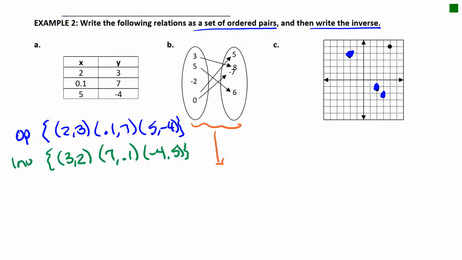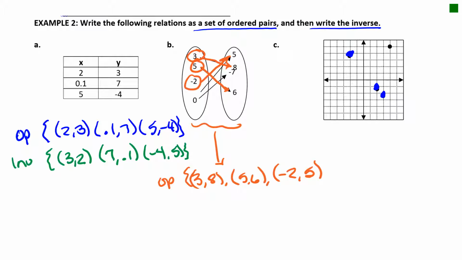Okay, this one I'm going to put down here. My ordered pairs, now watch how this goes. 3, follow the arrow, goes with 8. 5, follow the arrow, has an output of 6. 2, oh my goodness, this did not transfer well. Negative 2 goes to an output of 5.